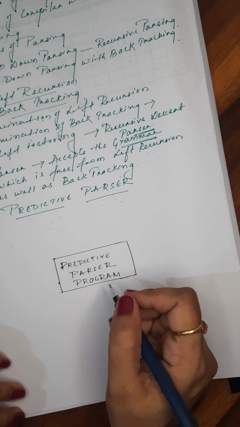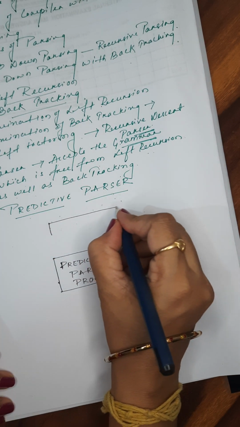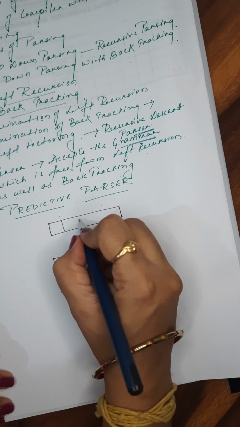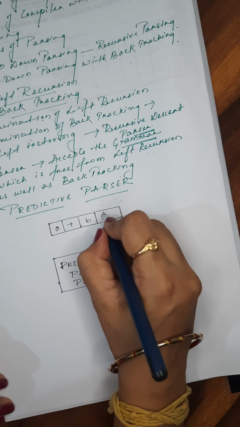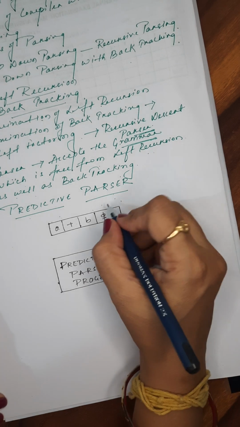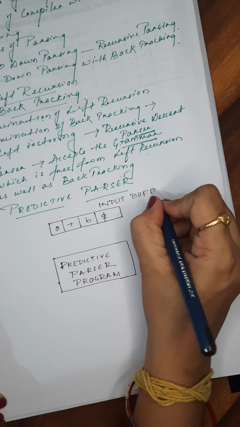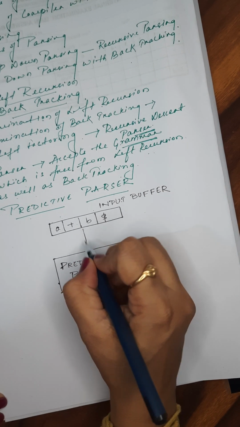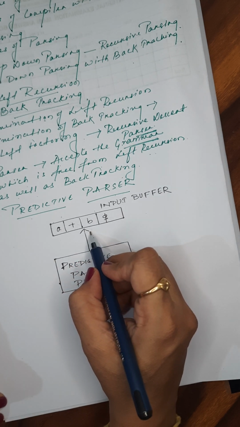To process, what do we need? We need an input string, and where will the string be stored? The string will be stored in an input buffer. Let's say this is a string A plus B, for an example, and a dollar will be there at the end of the input in the input buffer. The predictive parser program will take the input that is stored in the input buffer.